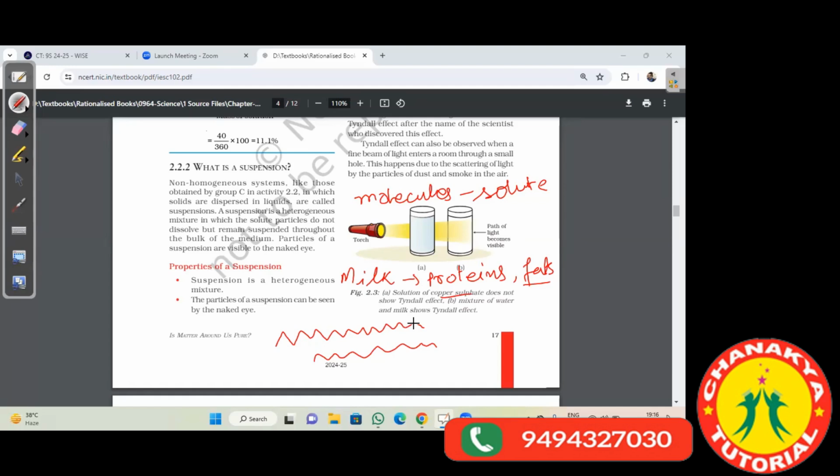So it will break up if you leave milk for some time. If you do not put it in a refrigerator and just leave it outside, we observe that the colloidal solution milk breaks up, which we also call the curdling of the milk.